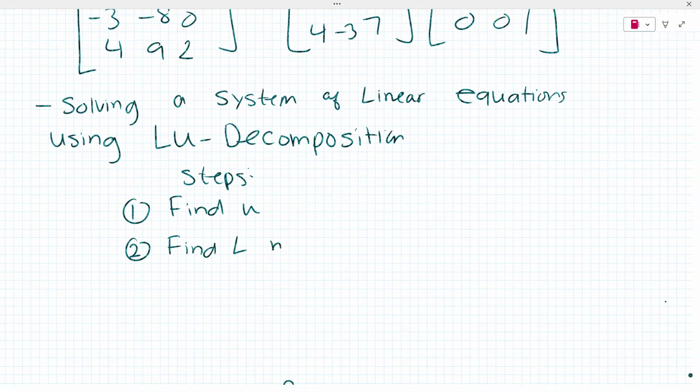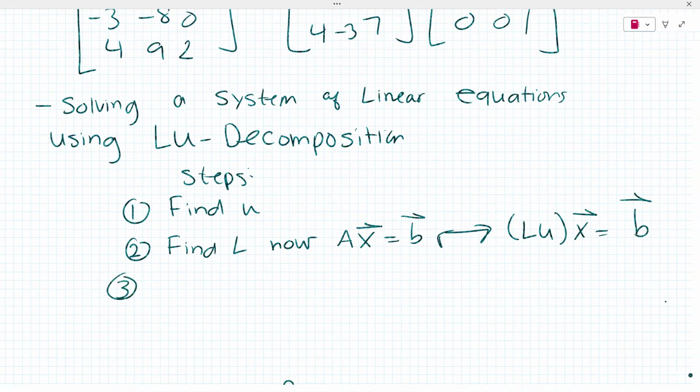Now, A vector x is equal to vector b is the same thing as LU times vector x gives us vector b.